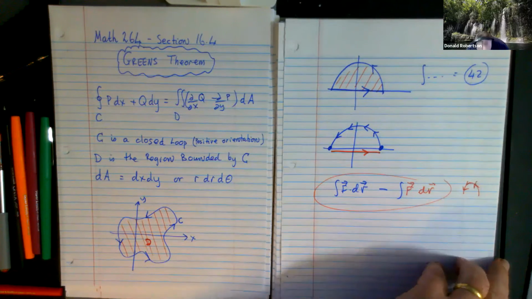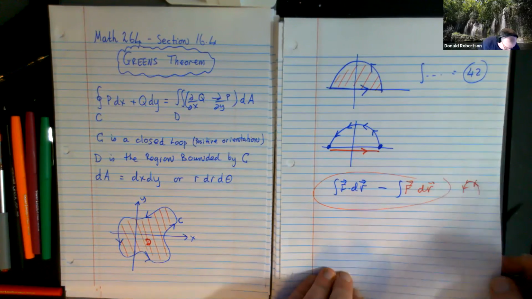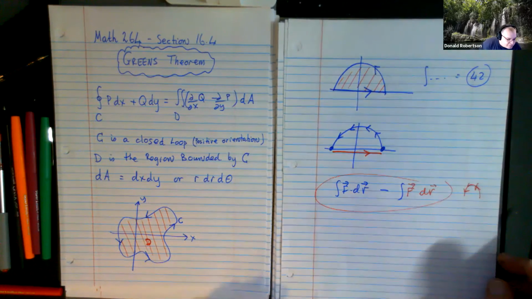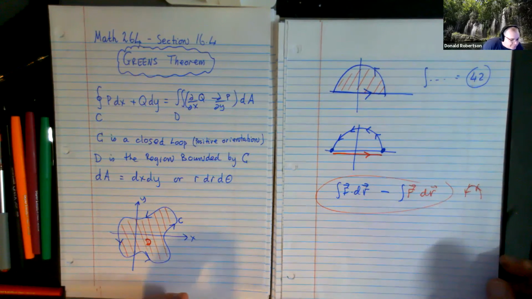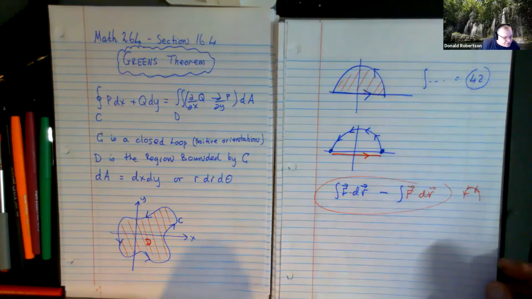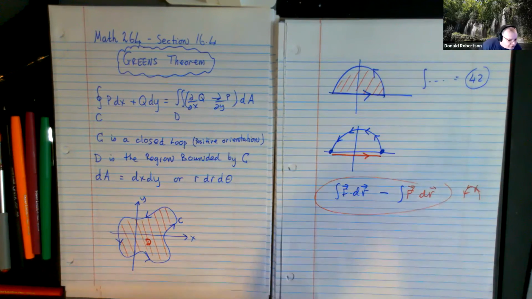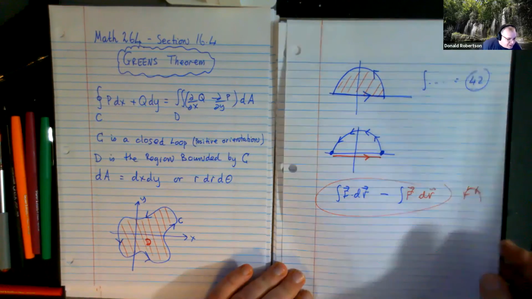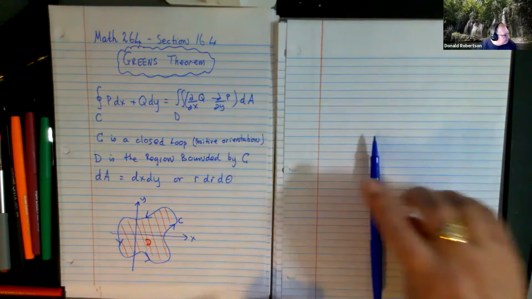I felt it would be worthwhile just to show you that there are strategies where you can use Green's theorem to find a line integral that's not a closed loop. You pretend it's a closed loop, and then you just subtract the bit that you use to join it up. And that might be a better strategy calculation-wise.